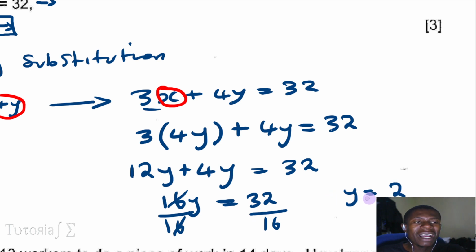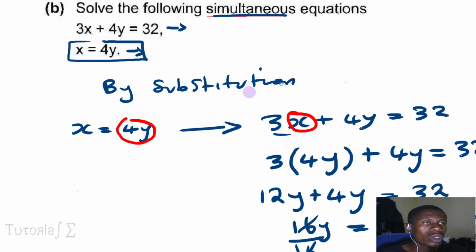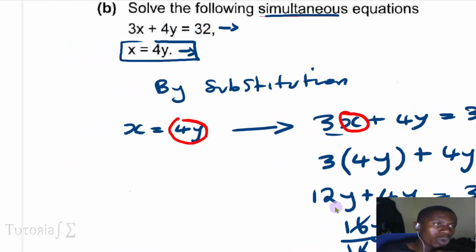Then after we find our value of y, we can find the value of x. We found that y is equal to 2. We now need to find the value of x. So here, we will just replace back in this equation that we used to replace into that one.